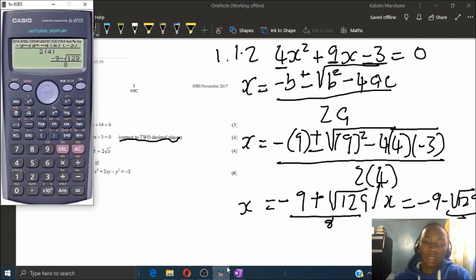Remember the question says correct to 2 decimal places, so it has to be minus 2.54.